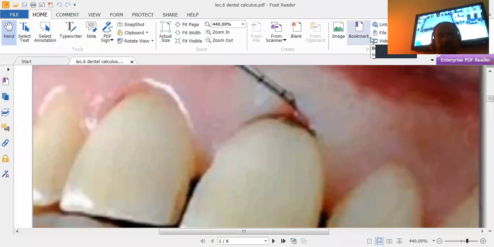Attachment of the calculus to the tooth surface. There are four modes of attachment of the calculus to the tooth surface. Number one, attachment by means of an organic pellicle, which is also calcified. Number two, penetration of the calculus bacteria into cementum.